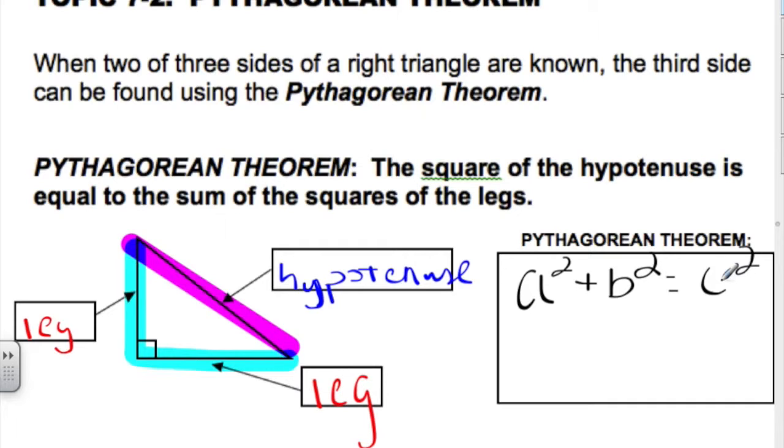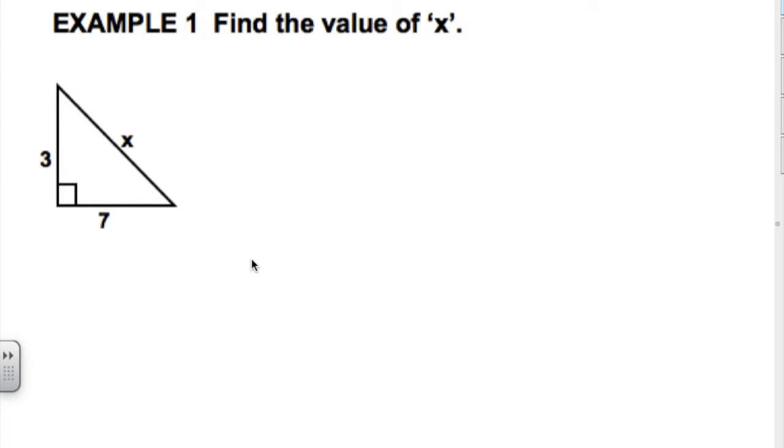Our A and B are always the legs, and it doesn't actually matter which one's A and which one is B. So we could say this one's A, this one is B, but then our hypotenuse is always C. So as we look at examples, we're going to try and solve for certain lengths in triangles.